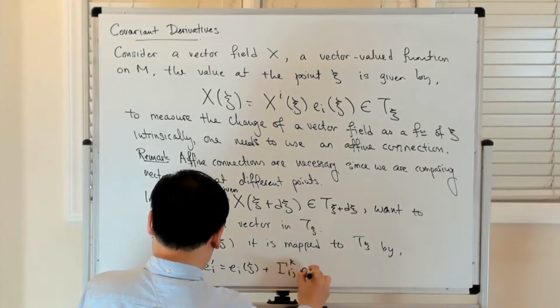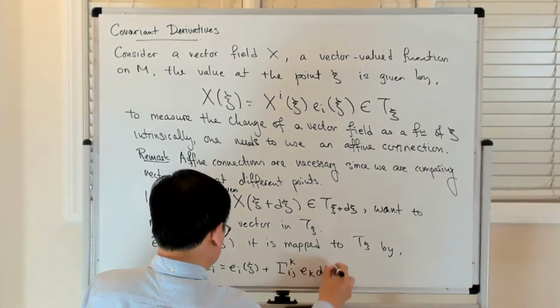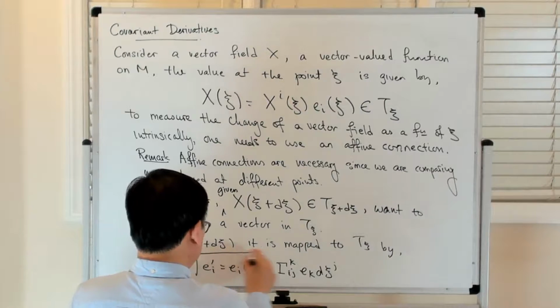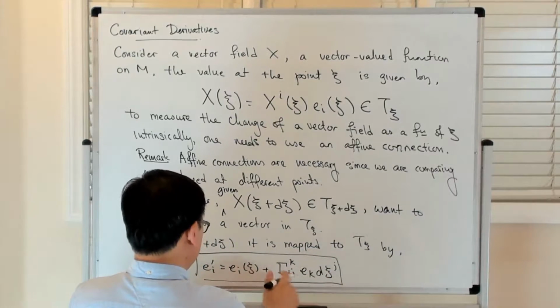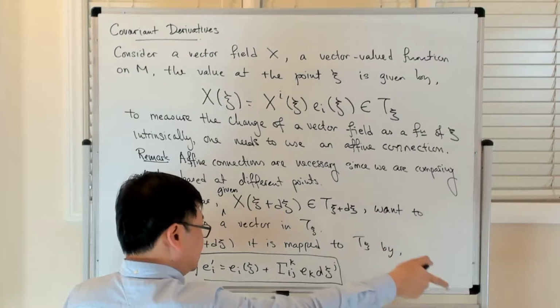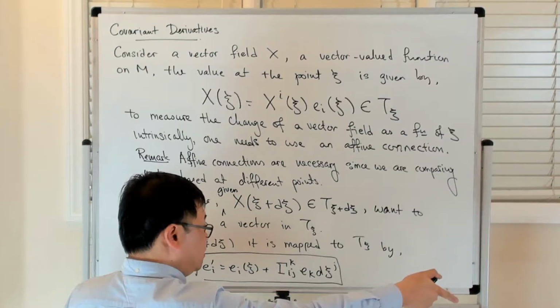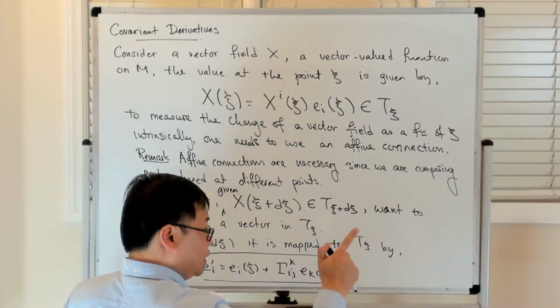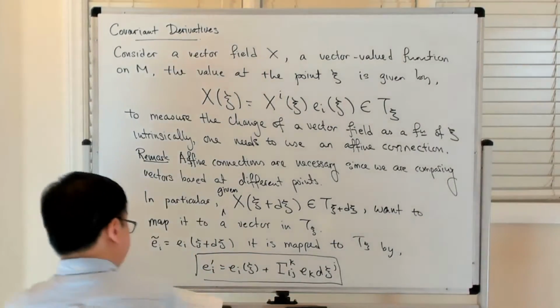So this is telling you how a tangent vector at a point c plus dc gets mapped to a tangent vector at c.